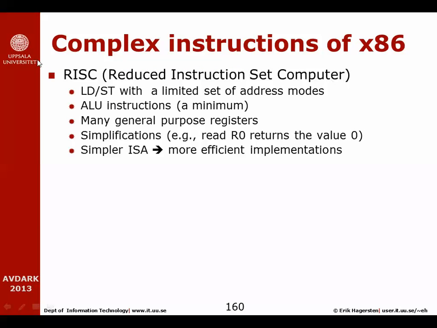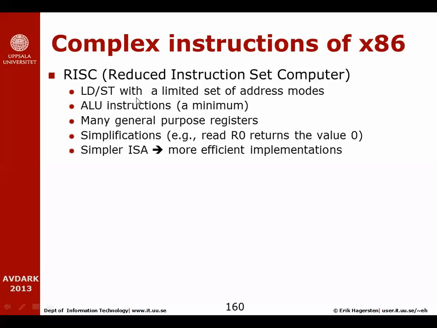And we've already discussed this a little bit before. The x86 instruction set is said to be a complex instruction set, and this is in contrast to the RISC, reduced instruction set computer, that became popular in the 80s. RISC was a load-store architecture.